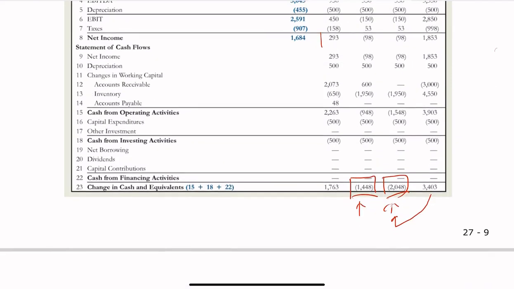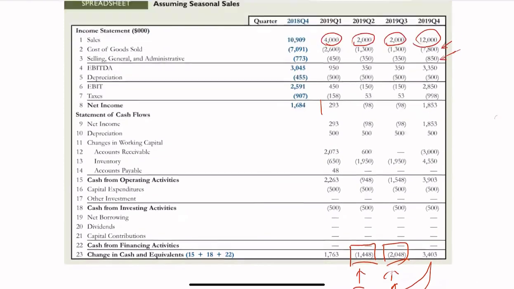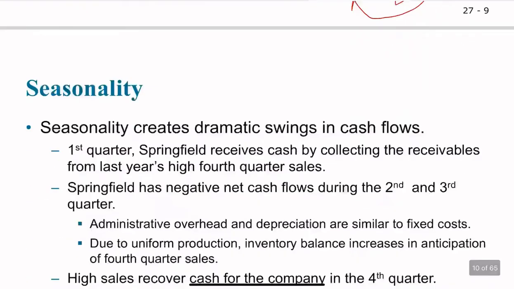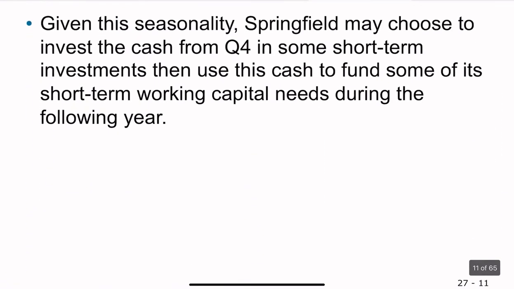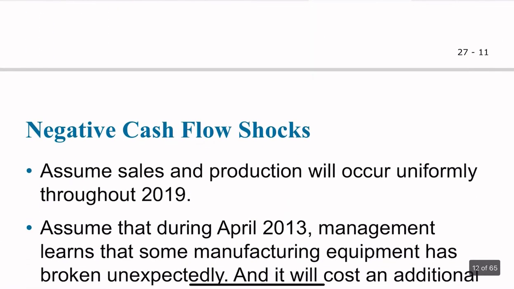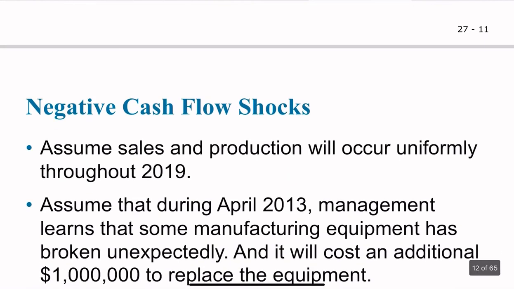So the cash flow in Q4 will be able to pay back these short-term loans obtained in Q2 and Q3. Okay. So the gist here is seasonality will create needs for short-term financing.